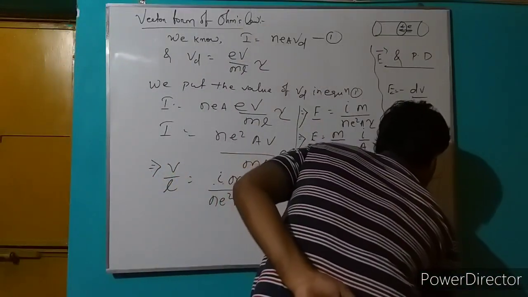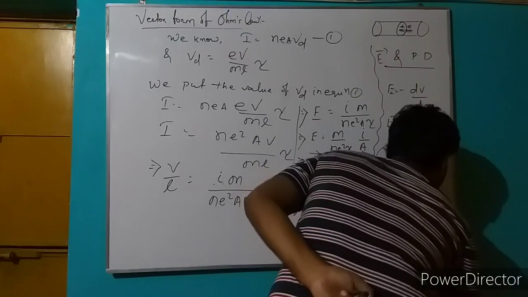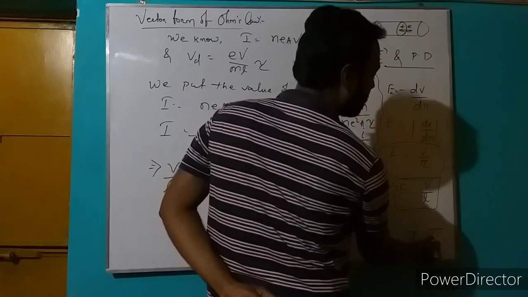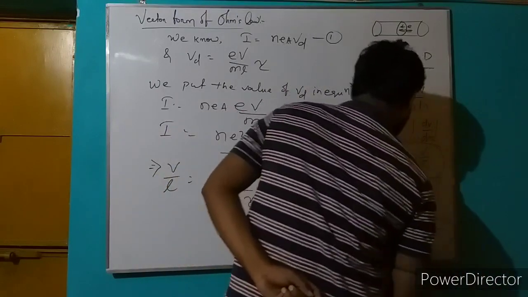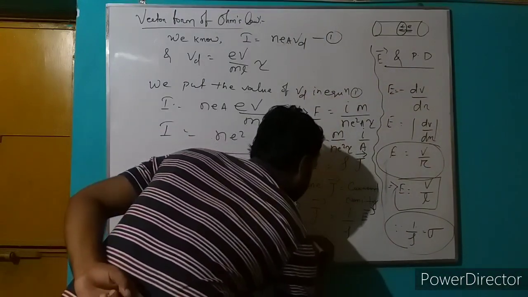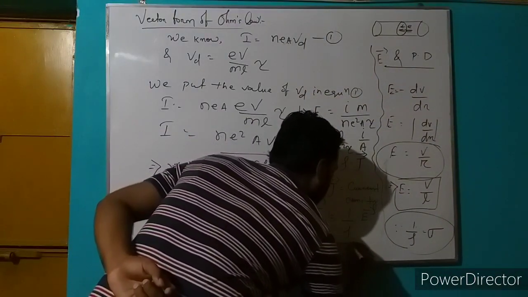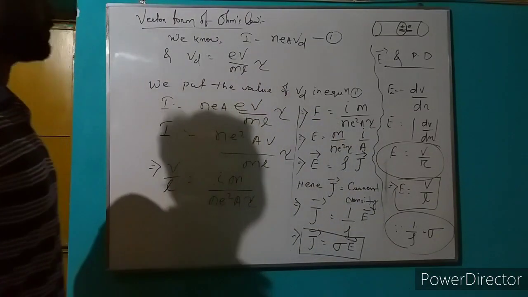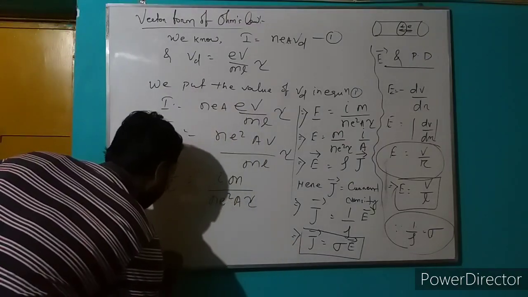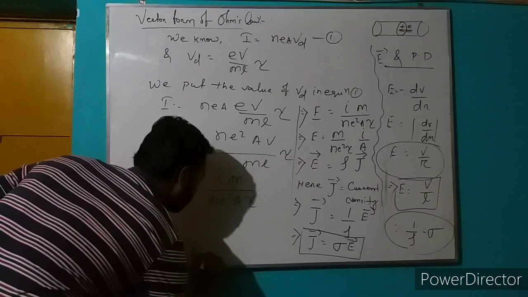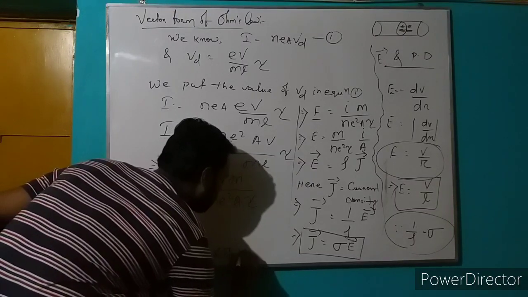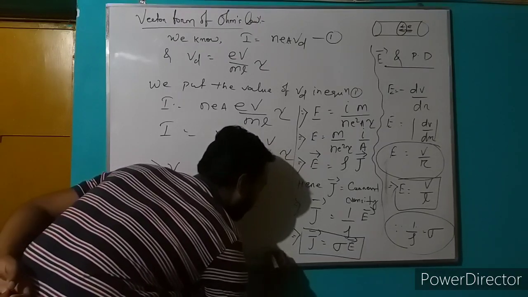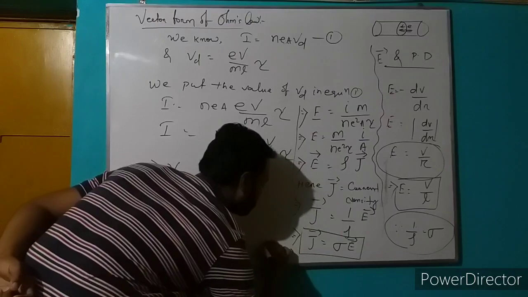So 1 by rho can be defined as sigma. Rho means resistivity and sigma means conductivity of the material. That's why we can represent J vector equal to sigma into E vector.